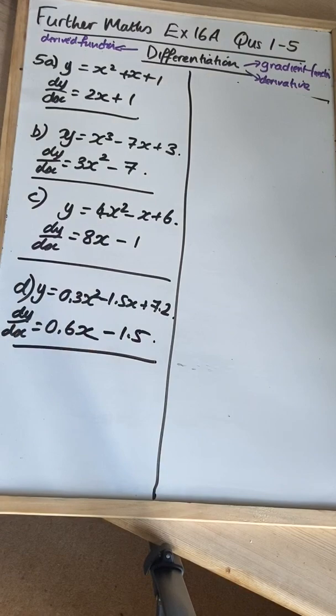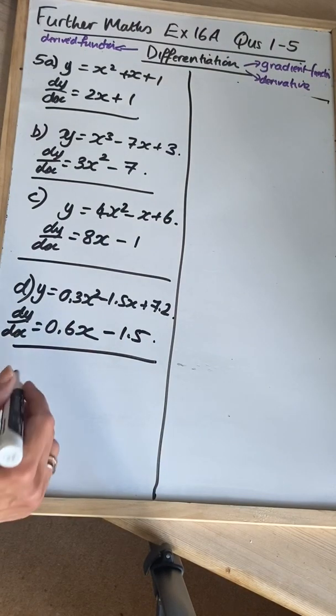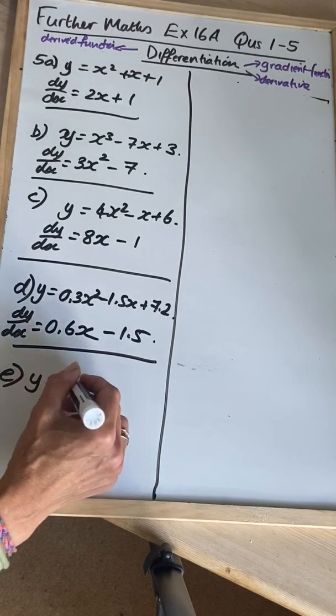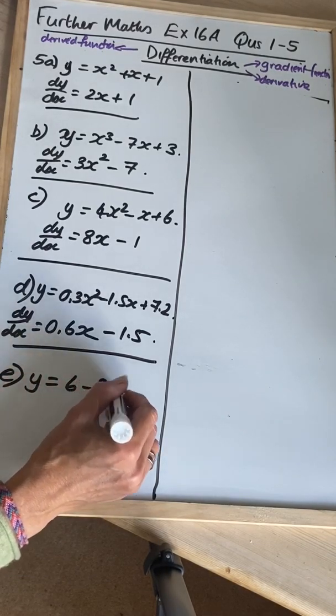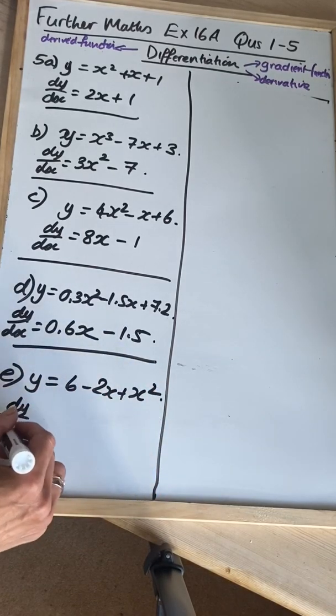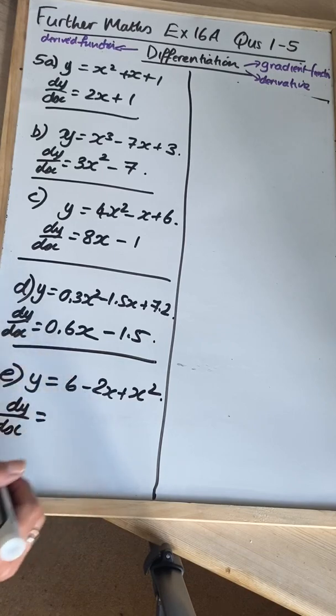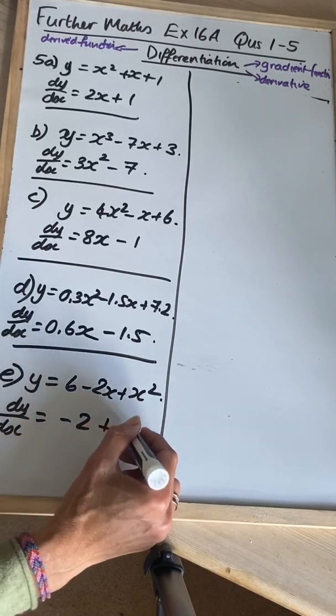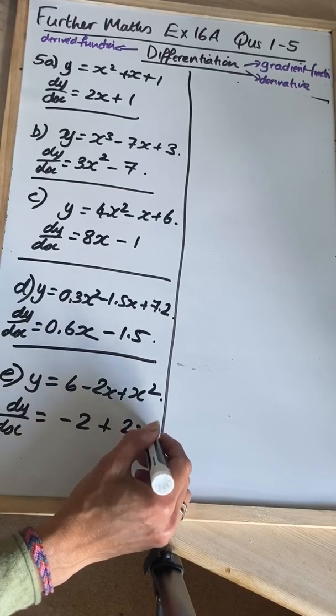Same process as the ones above. E, y equals 6 minus 2x plus x squared. Don't be put off by the fact that they've written it the other way round. So the 6 is still the constant at the end, so that's going to disappear. The minus 2x just becomes a minus 2, and the x squared just becomes a 2x.